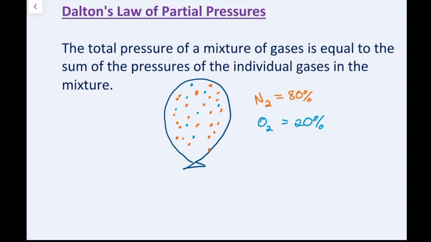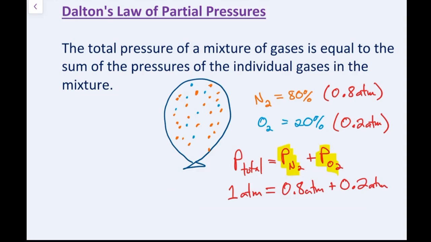And then together, P total equals the pressure of nitrogen plus the pressure of oxygen, so if nitrogen is 0.8 atmospheres and oxygen is 0.2 atmospheres, the total would be 1 atmosphere of pressure. So the partial pressures are these guys, the nitrogen and the oxygen, which happen to be 0.8 and 0.2 in this case. And they add up to give you your total pressure.